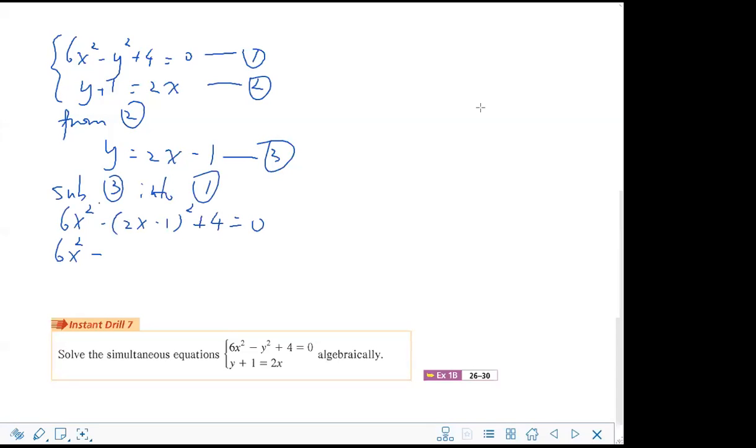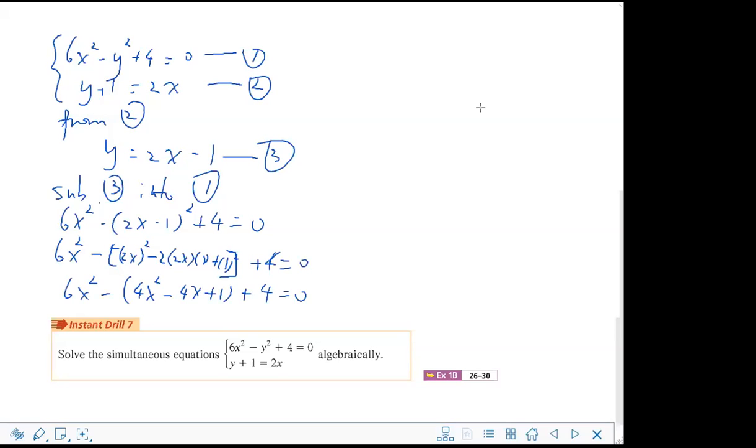This is a squared minus 2ab plus b squared. Okay, and then plus 4. And 6x squared minus bracket 4x squared minus 4x plus 1, plus 4 is equal to 0.